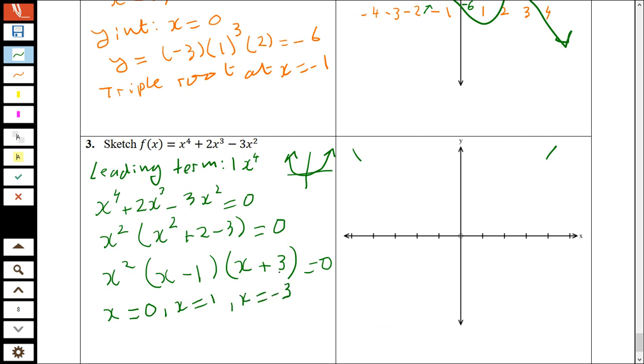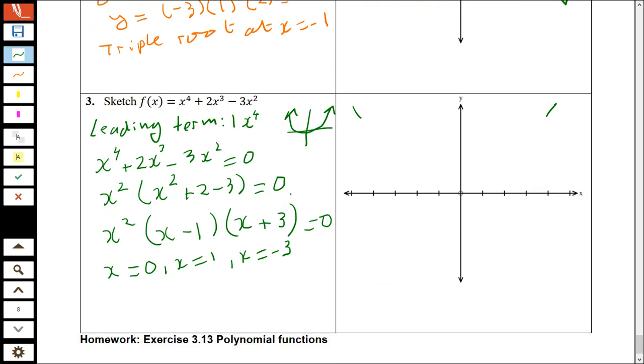And I've actually got a double root here, don't I? Okay, because of that squared term. So I could say that I've got a double root at x equals 0. Okay, and what about the y-intercept? Y-intercept, we'll sub in x equals 0, and you'll get y equals, well, 0, won't you?